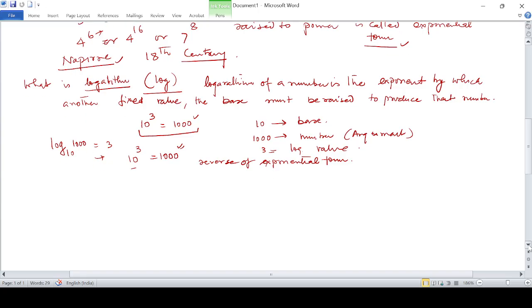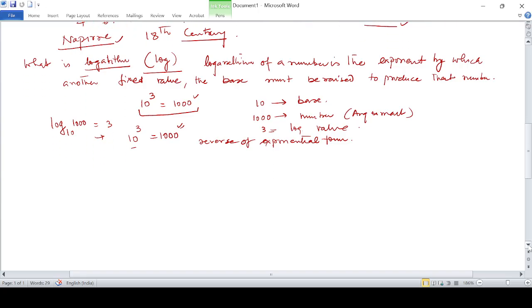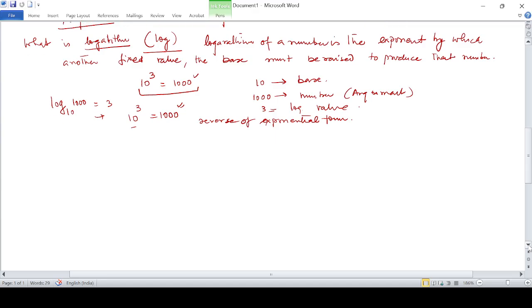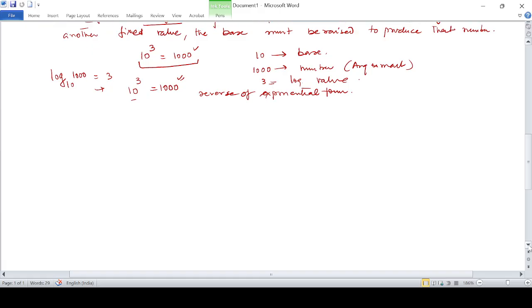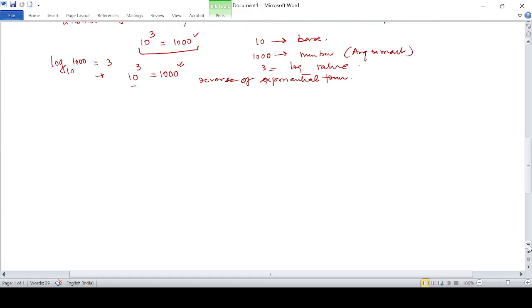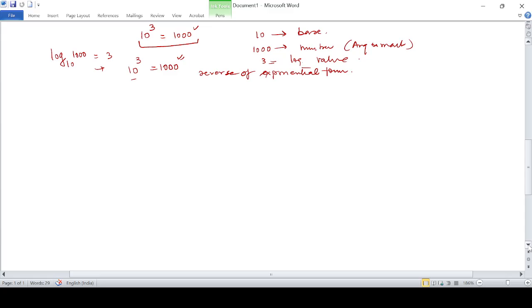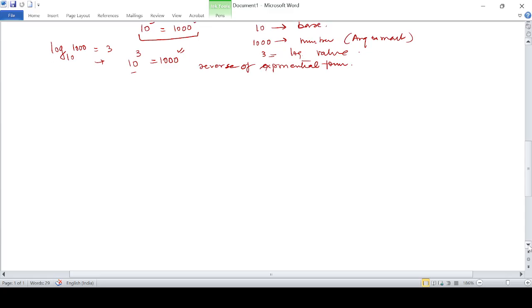Now, coming to the most important thing. We normally use base 10. When you are given some problem in mathematics, you may be given so many bases, something like log base 7, log base 8 or log base 5, and so many things.